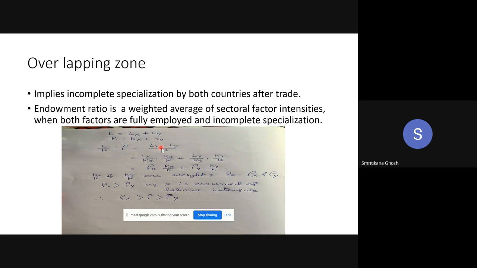This is equal to Lx plus Ly by K. Now I am just multiplying and dividing the first term by Kx, and similarly the second term by Ky. So Lx by Kx is written as tau x, multiplied by Kx by K, plus tau y multiplied by Ky by K. Now Kx by K and Ky by K are the weightage for tau x and tau y.